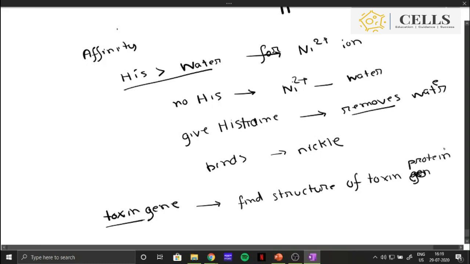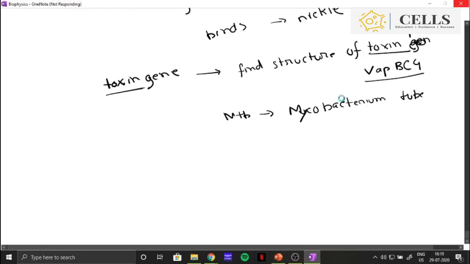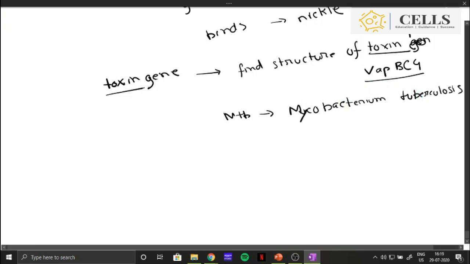Suppose the toxin is VapC4, a protein that I worked on in my lab. VapC4 is a protein from Mycobacterium tuberculosis.